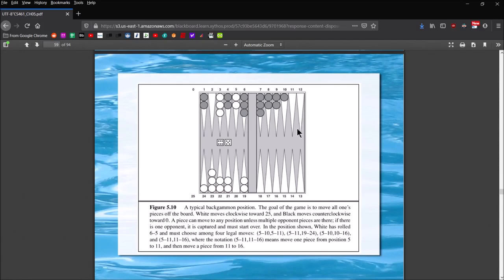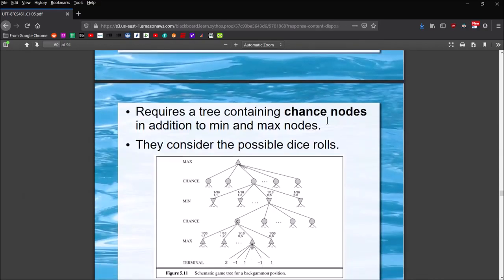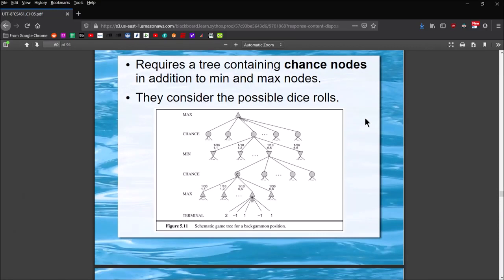So 4 options. The black player would not be able to know with certainty ahead of time which one of those moves I, as the white player, am going to make, right? That's the problem. And so we have to take that into consideration. So in order to do that, our tree is going to have to be modified.